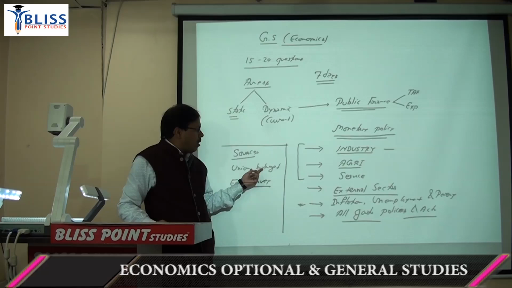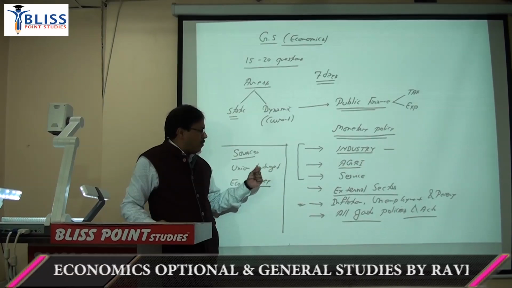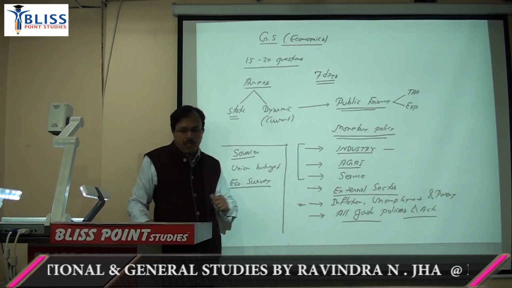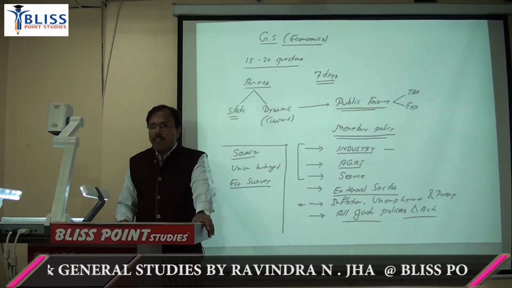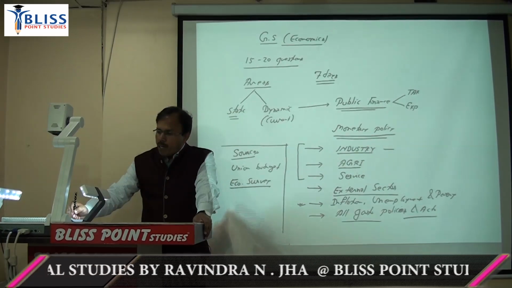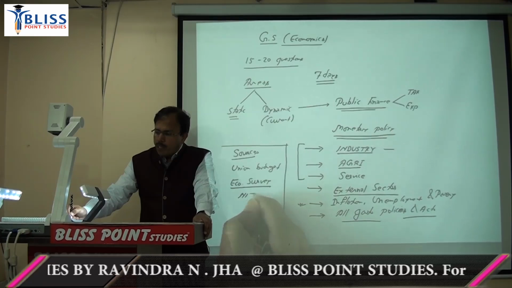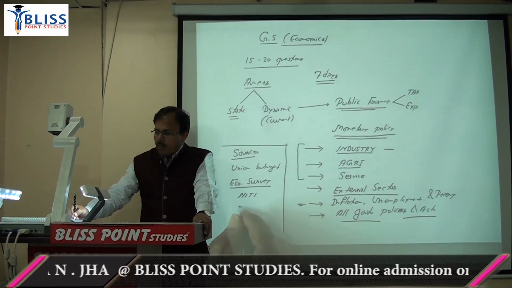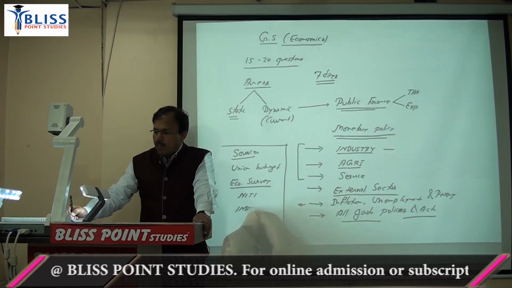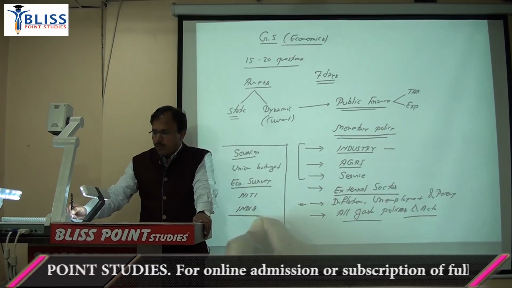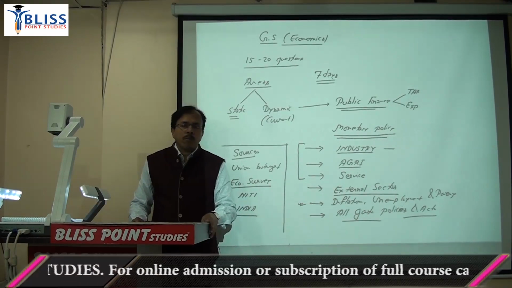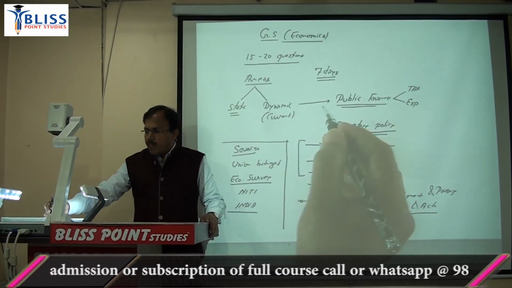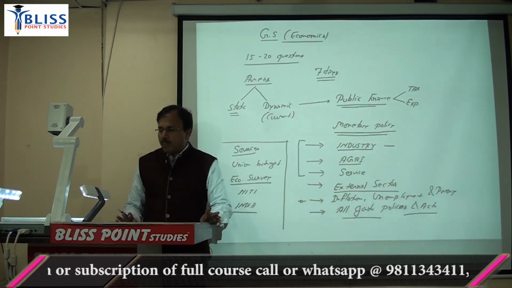So one part will be the union budget of 1819 and rather 1920, and the economic survey of 1718. Apart from that, the vision document of Niti Aayog, some chapters from the India Yearbook, and a few questions from the previous year paper. So these are the various topics that we will be covering.